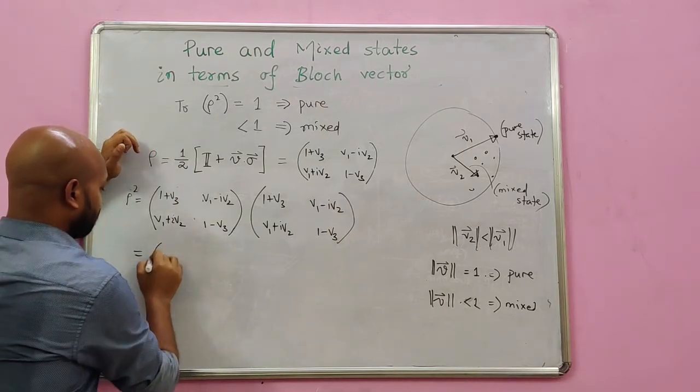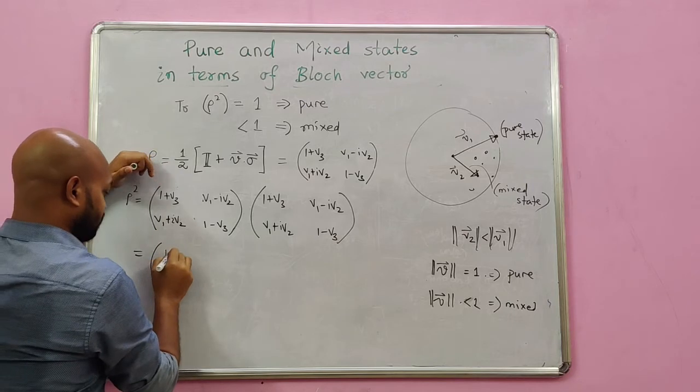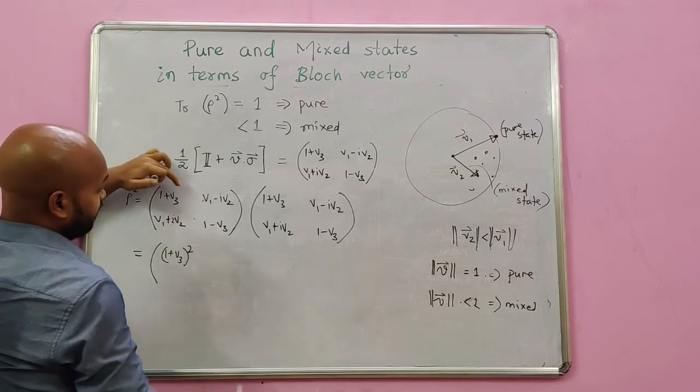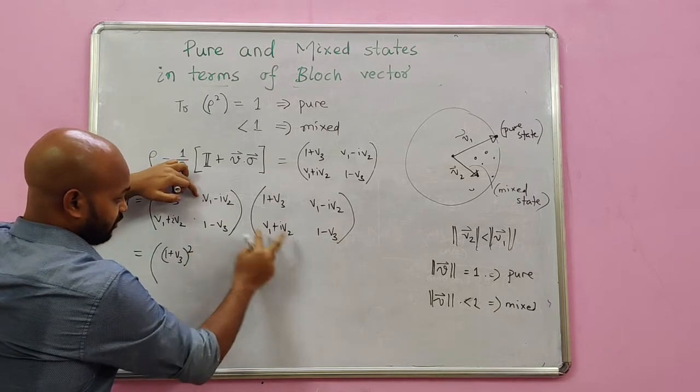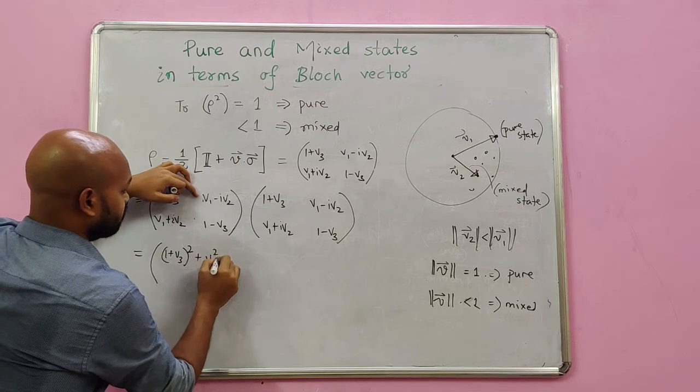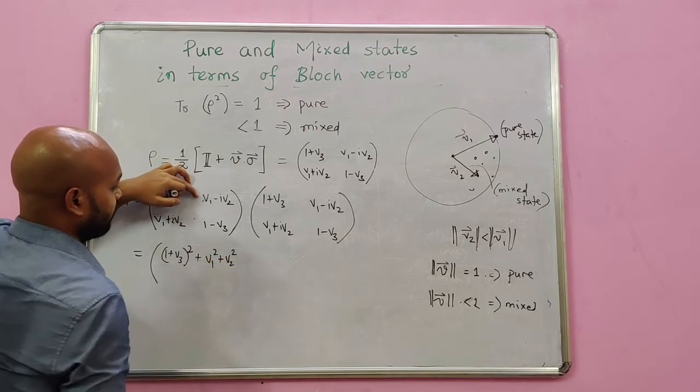Let's multiply now. 1 plus V3 times 1 plus V3, so here I get 1 plus V3 square. And then V1 minus iV2 times V1 plus iV2. They are complex conjugates of each other, so here I get V1 square plus V2 square.